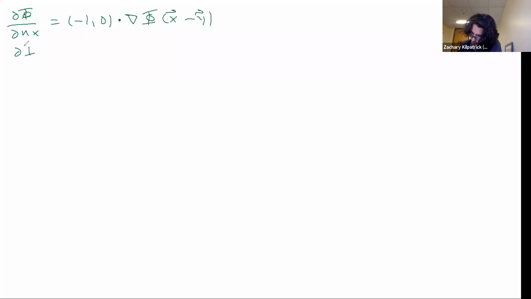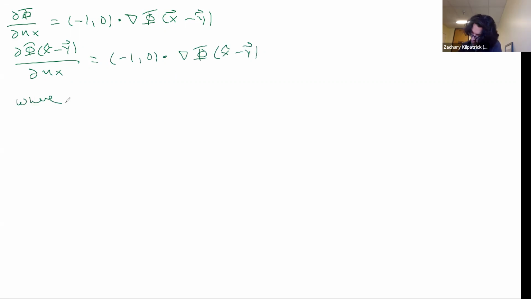And d of phi with the argument x hat in there, okay, is going to be equal to minus 1, 0, dotted with the gradient of phi x hat minus y, okay?